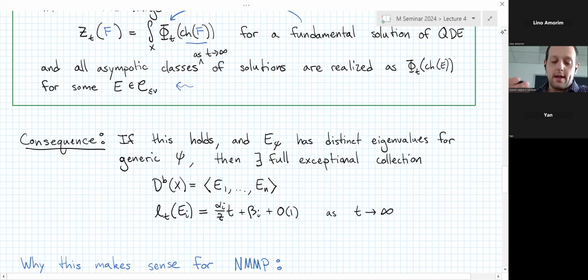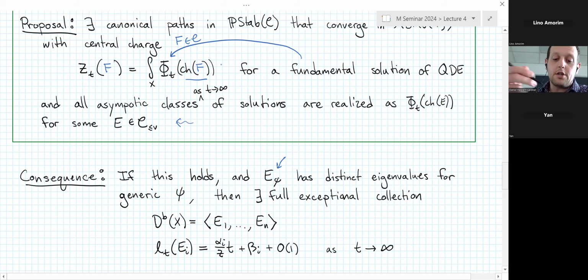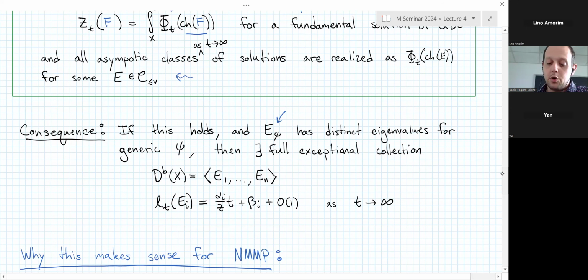But a consequence is, if this proposal holds, and this Euler operator has distinct eigenvalues for generic values of the parameter psi, and you're able to lift this formula for the central charge up to the stability manifold, then you do produce a full exceptional collection like this, where the log of the central charge has this form.